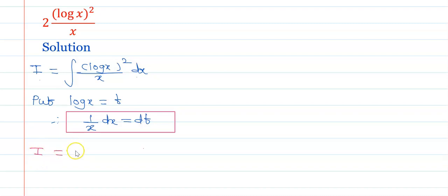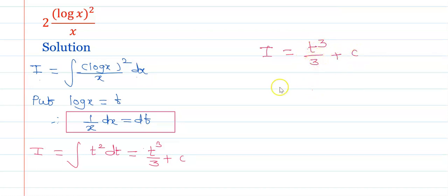Therefore our integral changes. I is equal to the integral of log x, which is t, so t squared, times dx upon x, which is dt. Now, what is the integral of t squared? It is t raised to 3 upon 3 plus c, so I is equal to t cubed upon 3 plus c.